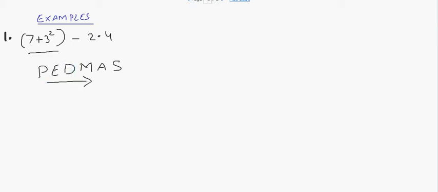If division comes first, perform the division first, and if multiplication comes first, perform the multiplication first, and the same way with addition and subtraction.